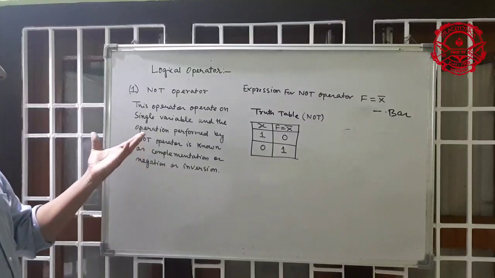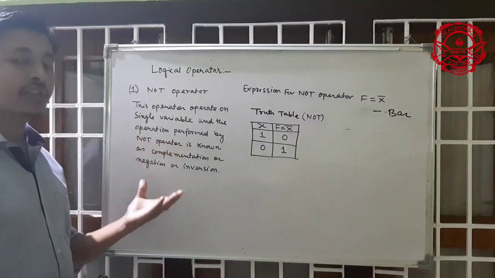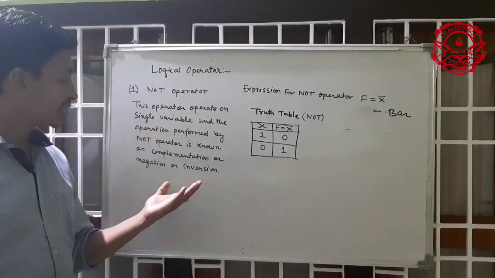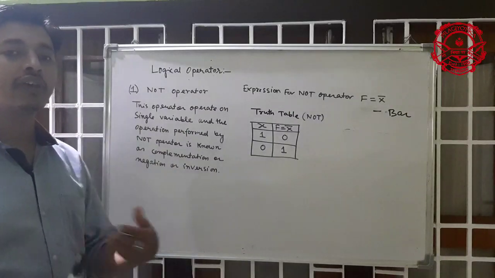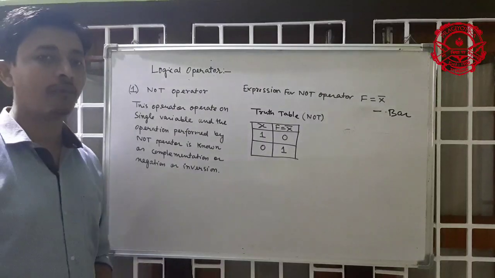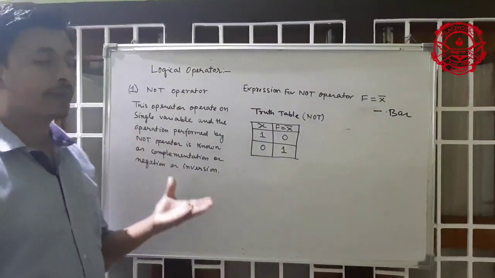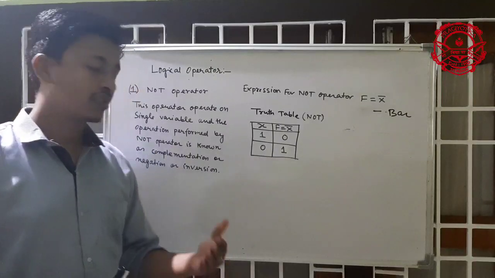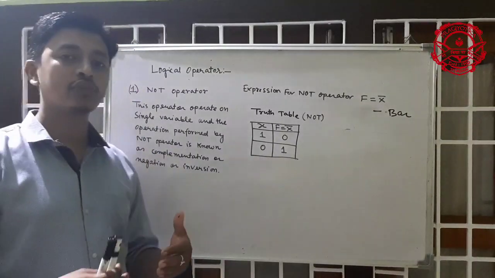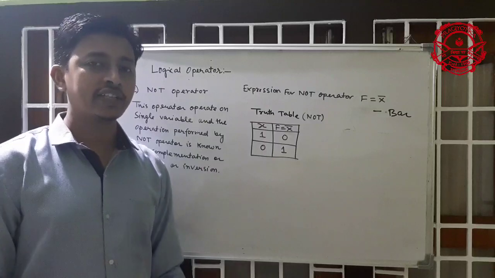Also the operation performed by the NOT operator is known as complementation, negation or inversion. Complementation means reverse the condition, or opposite. The NOT operator is used to reverse the original condition.